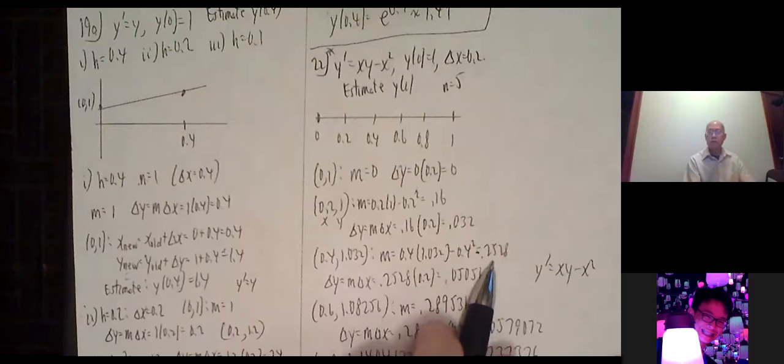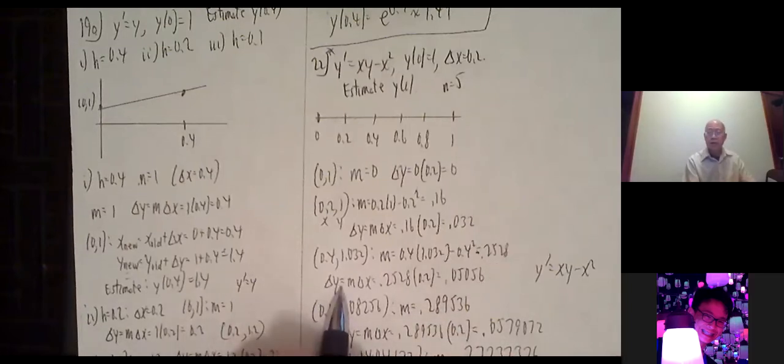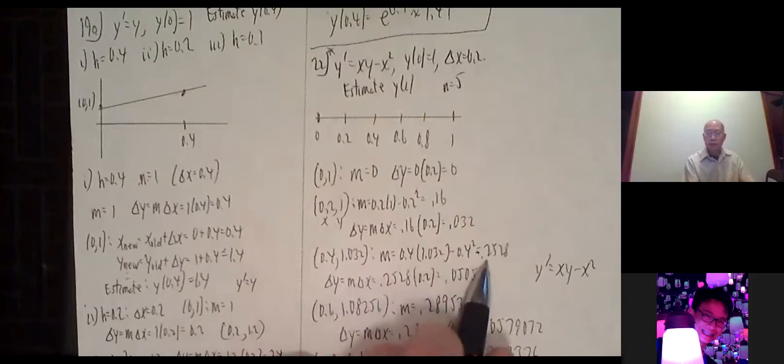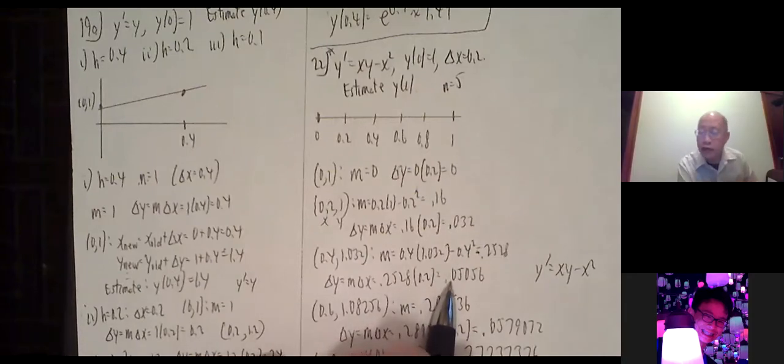That's a new slope. Delta y is m delta x. So the slope is 0.2528. Multiply that by 0.2, 0.05056.